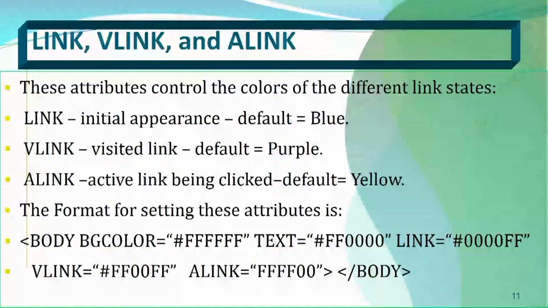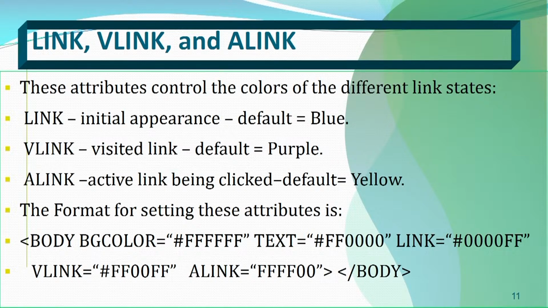Another thing we checked is link, vlink and alink. These are the features we use to link other documents or other web pages to some part of our web page. Like some text can link to some other web page, some other file, or an audio or video file. So we used the link attribute for that. In the body tag we have the link option, vlink and alink.